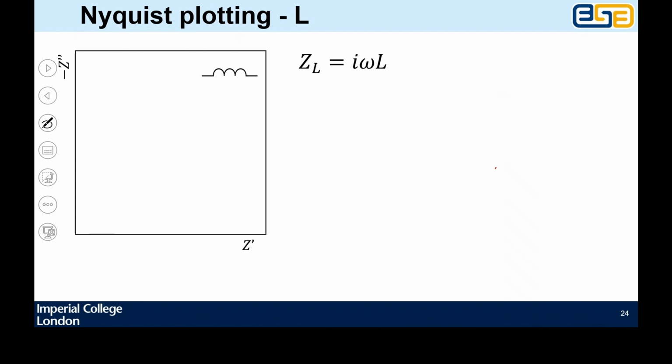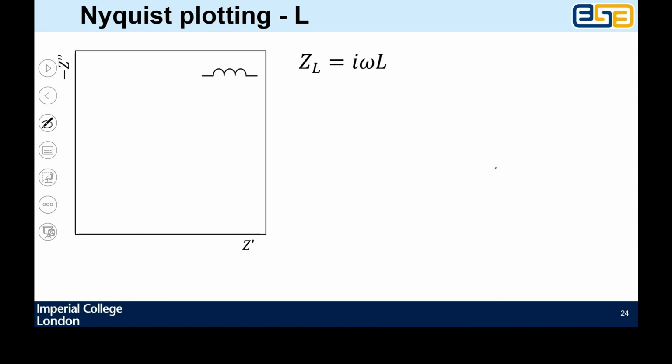Okay. Let's do it again for an inductor. We haven't seen the inductor in a while. We introduced it at the start, and we're now going back to it. Can you do this analysis? It's slightly easier, actually. Do that crude limits analysis. What happens when omega becomes a very big number?